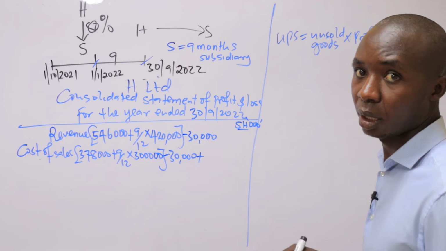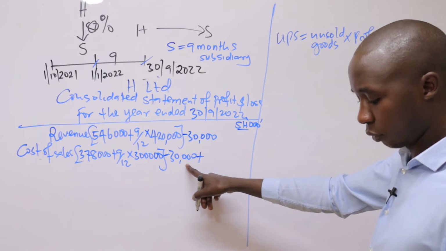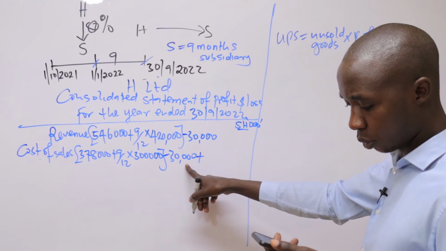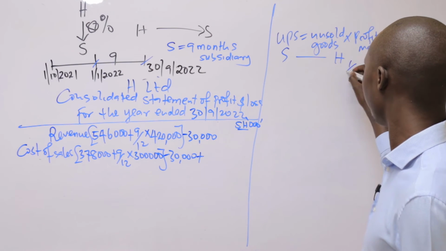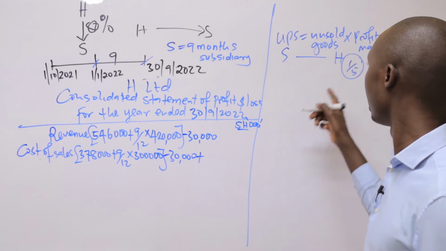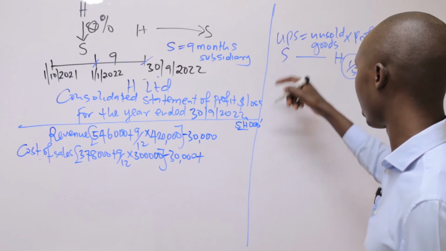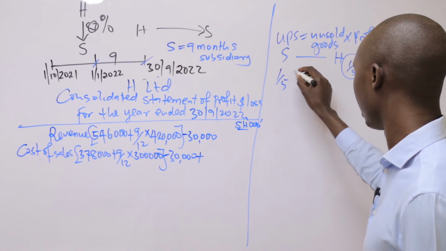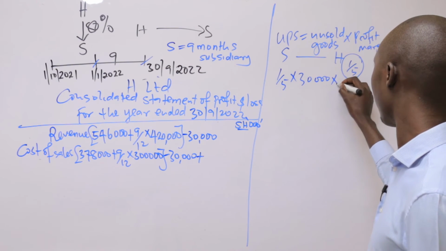So remember that when these goods were sold, that is from S to H, H remained with a fifth of the goods by the end of the year. So meaning that based on the unsold goods, that is where we get the unrealized profit on stock, the UPS. So a fifth of the 30,000 times profit margin.